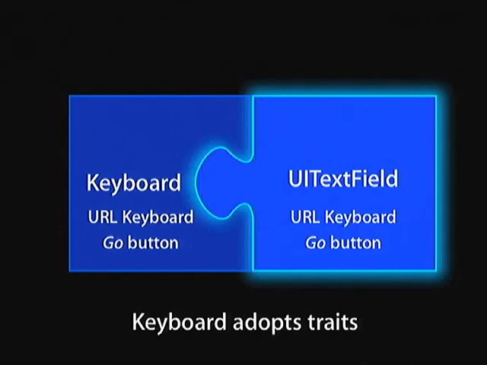There is really no public API for grabbing the keyboard and saying, hey, keyboard, you should display here with these traits. It's something that you set kind of lazily on the text field, and as needed, the keyboard will adapt itself to the traits of the text container. Does that make sense? So don't look for methods for interacting directly with the keyboard because they're not there in the SDK.